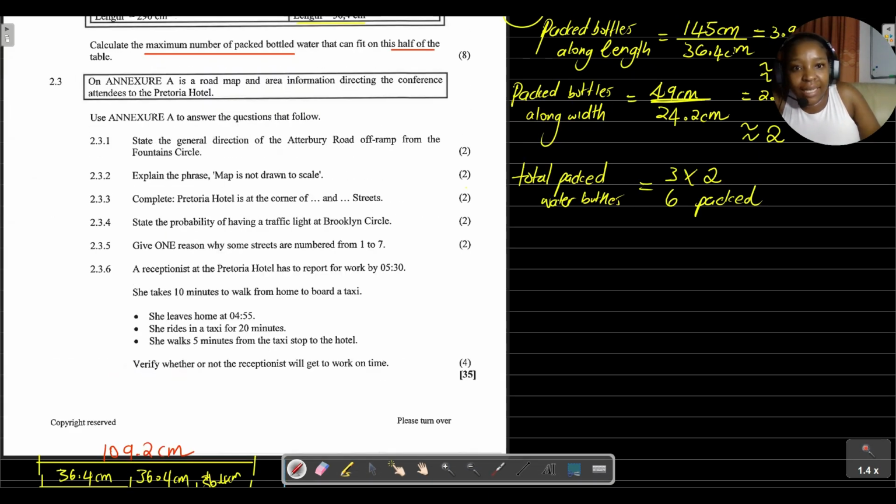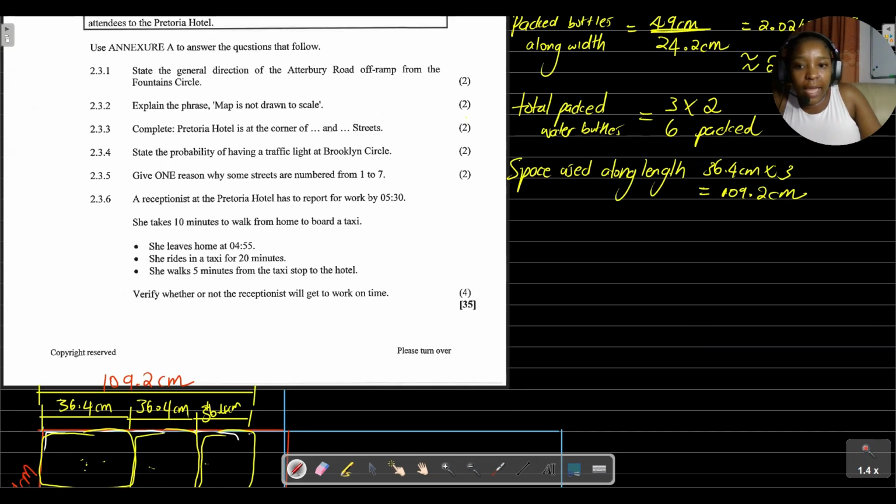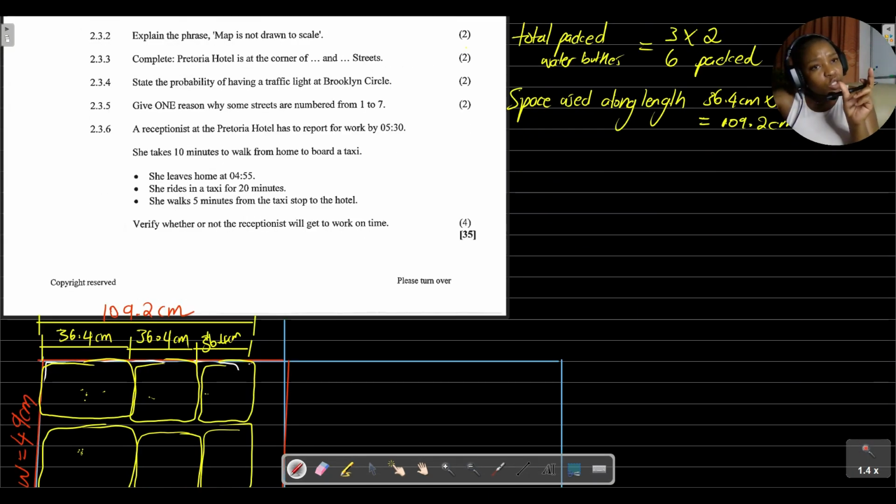So the space used along the length, I took the 36.4 centimeters, multiplied that by 3, and got 109.2 centimeters. Okay, so now I want to determine how much space I have left there. What is that space there? How much space is left there?